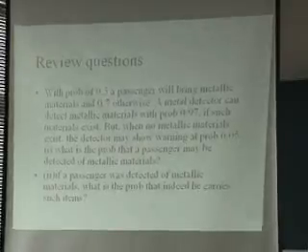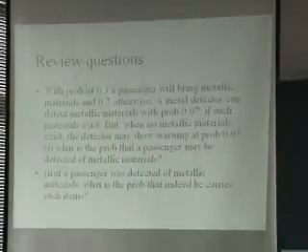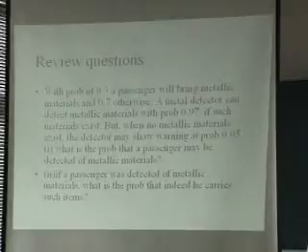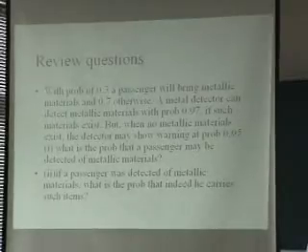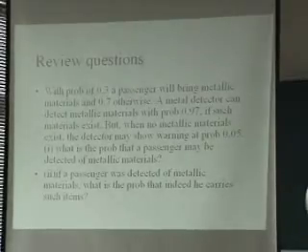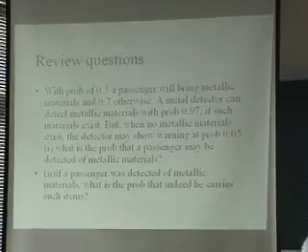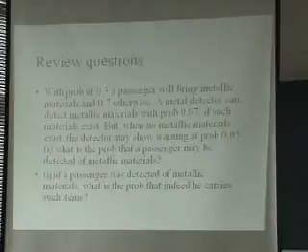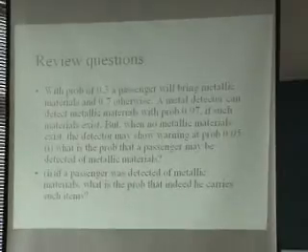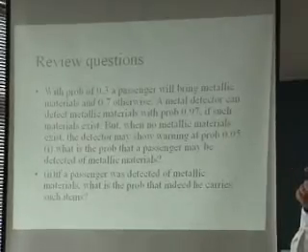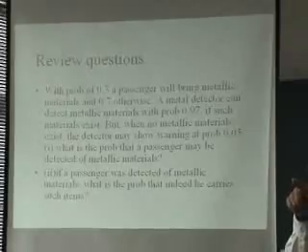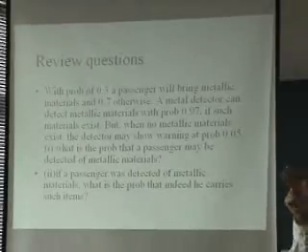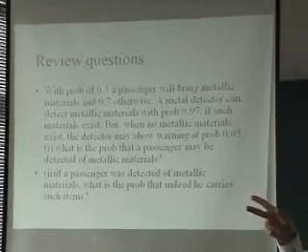When a passenger was detected of metallic materials, what is the probability that, indeed, he carries such items? So we just talked about the first case, he did bring something with him. The second case, he didn't, right?